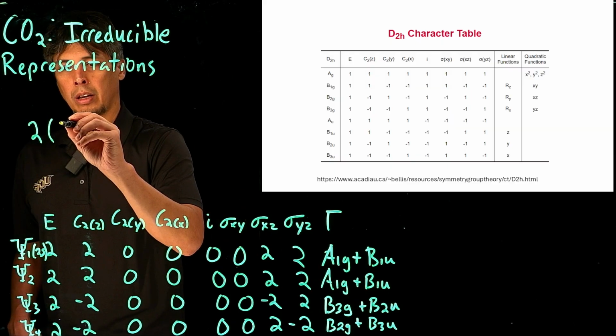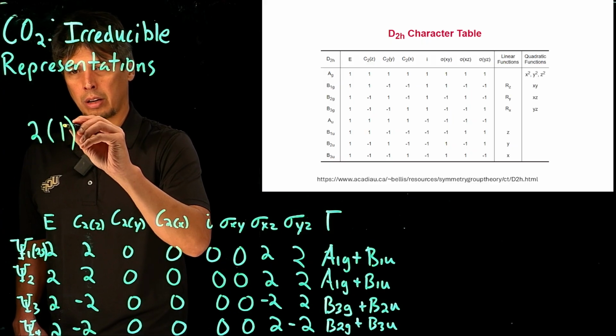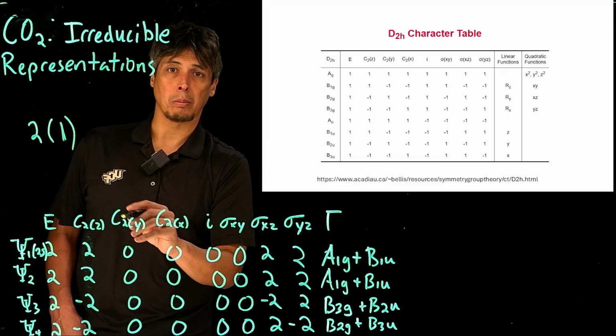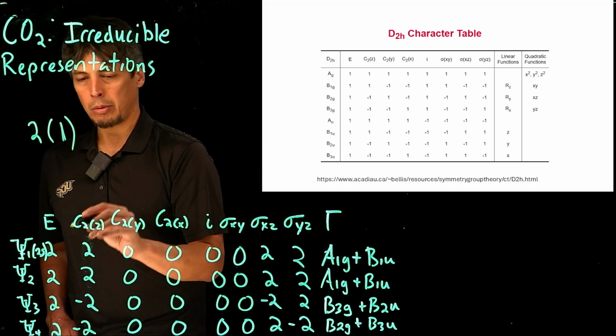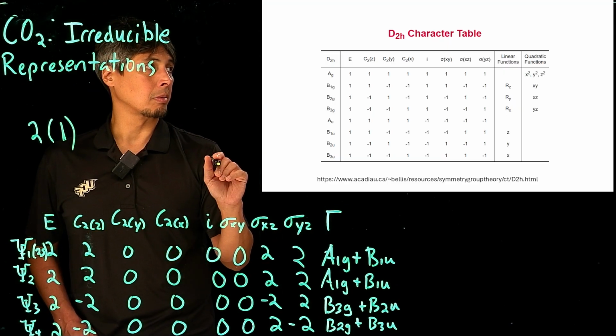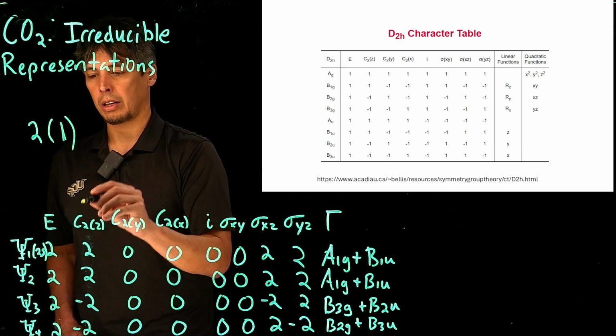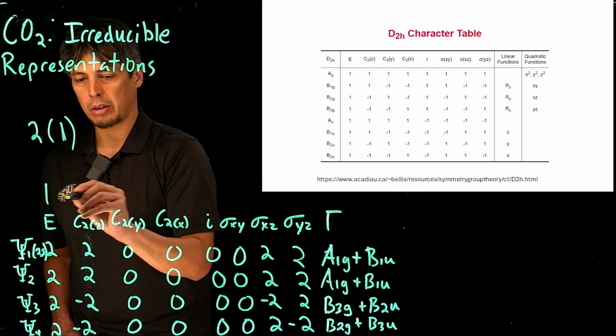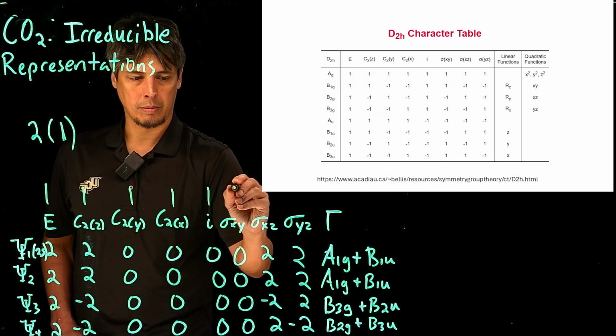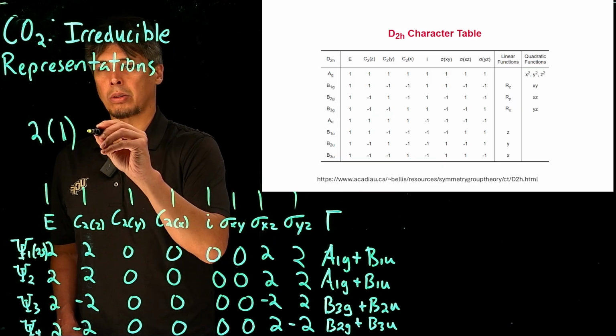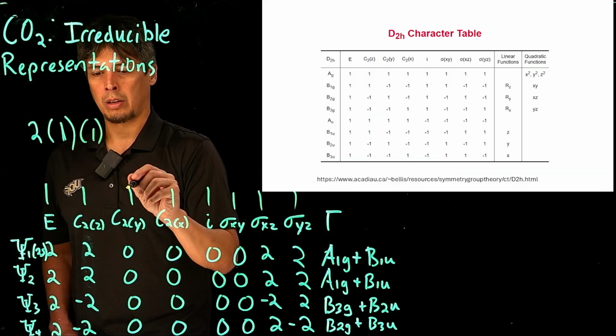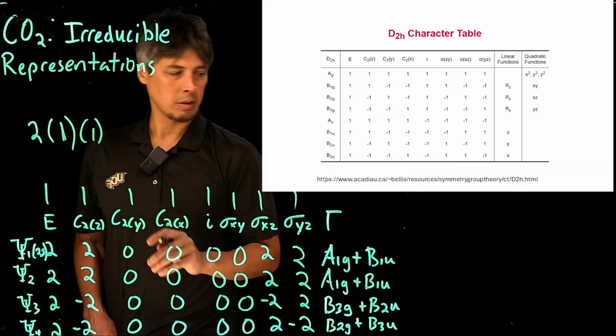In other character tables these will have different numbers in front of them. And then we multiply it by the corresponding place in the Ag, which, just as a reminder, is 1s across, so 1. And we do that for all of these symmetry elements.